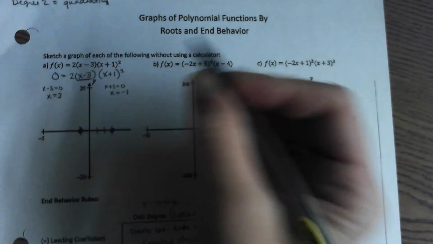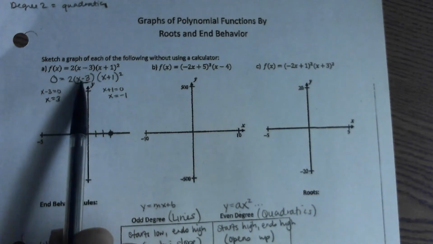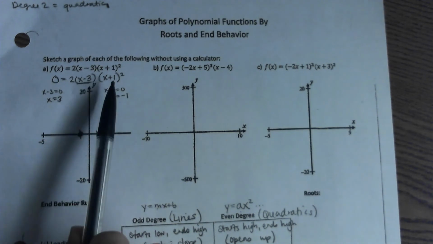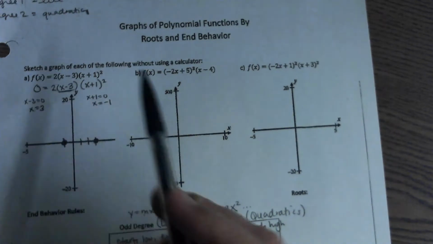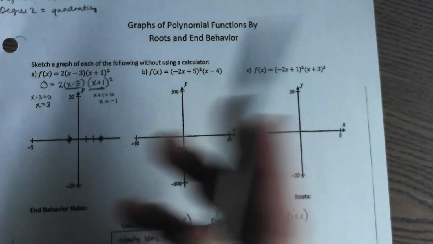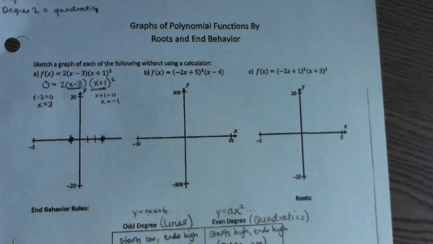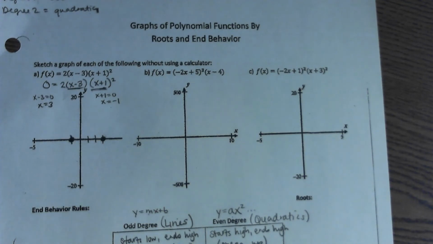Now, there is a difference between this factor that gave us 3 and this factor that gave us negative 1. What do you notice that's different about this factor versus that factor, Haley? Right, the second one is squared, which does affect your graph. This is where the concept of multiplicity comes in.